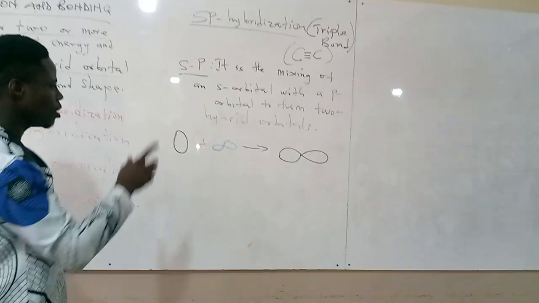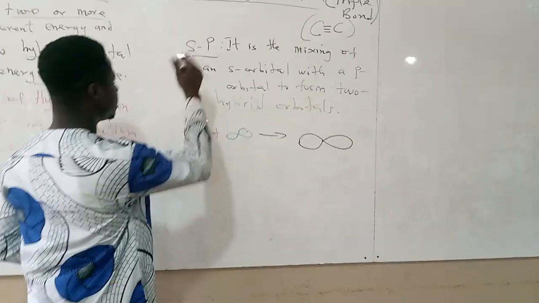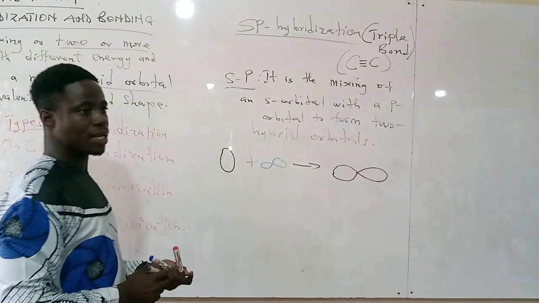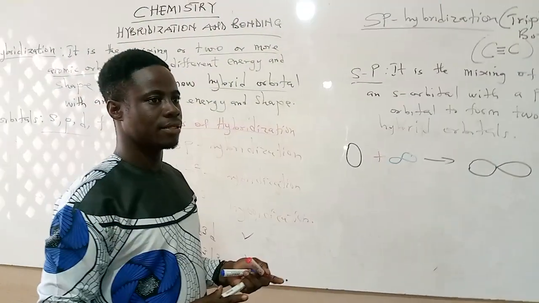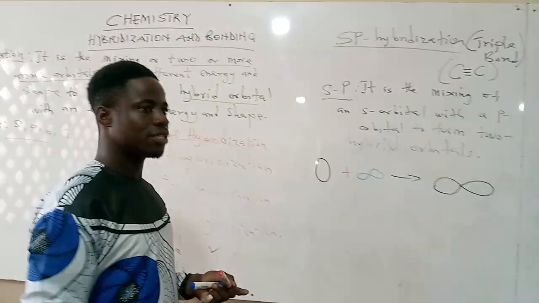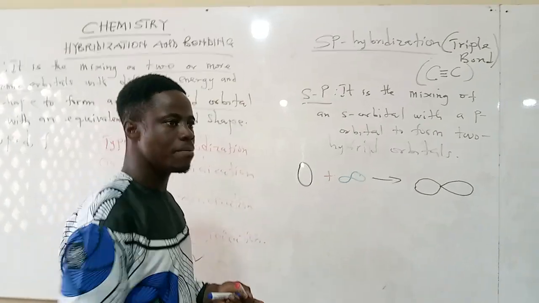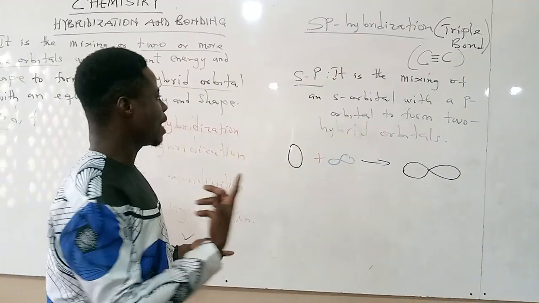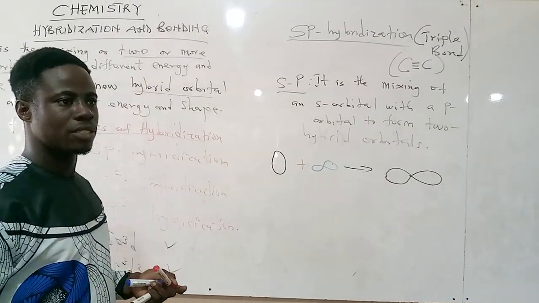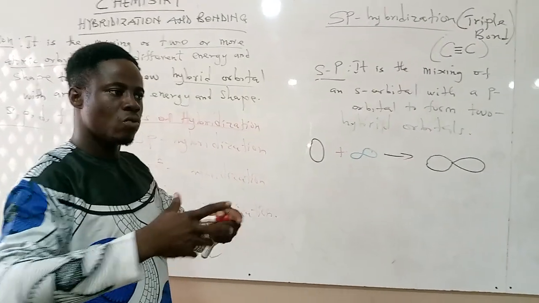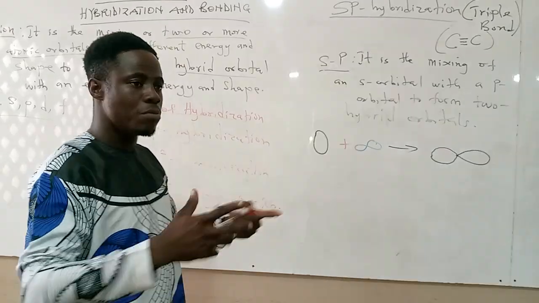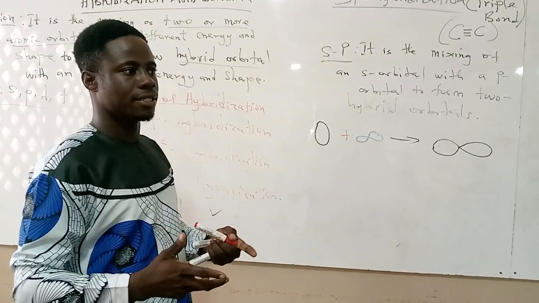Now, there is something we need to know about this. Anytime you are discussing sp hybridization, you need to know all the features of it. The question they can ask you is, what is the shape of the sp hybrid orbitals? Or how do you predict easily what the shape of that orbital would be, or of any molecule having sp hybridization?